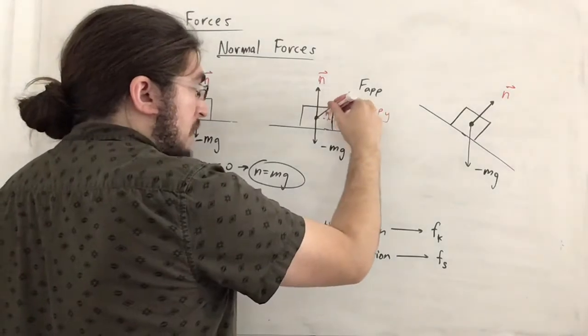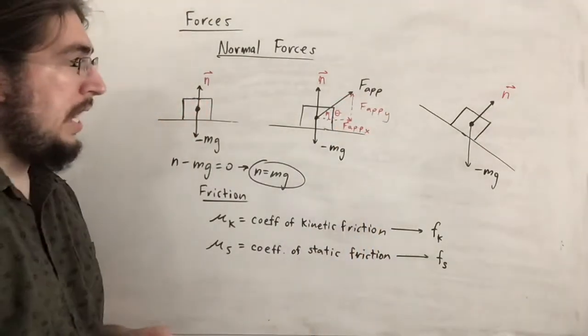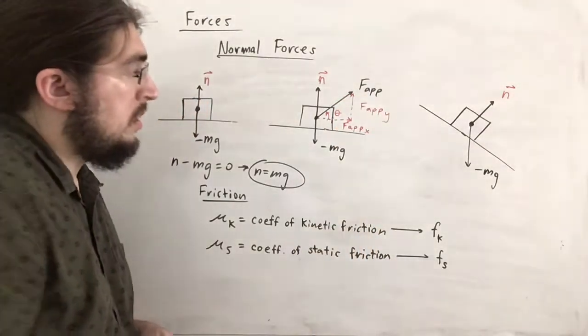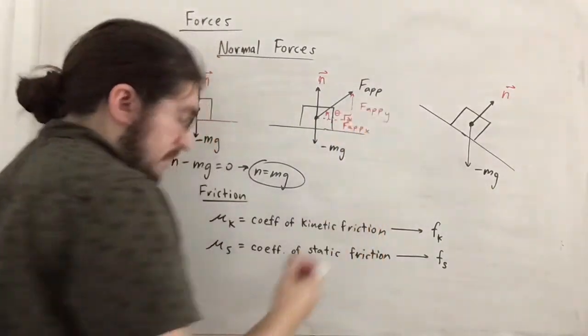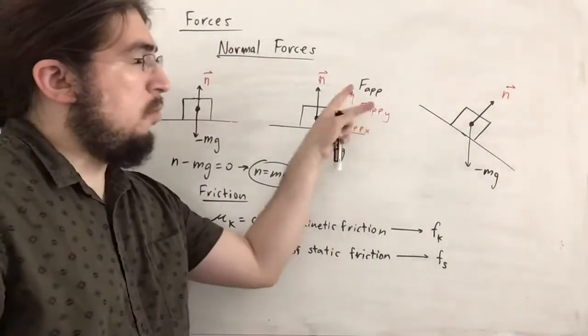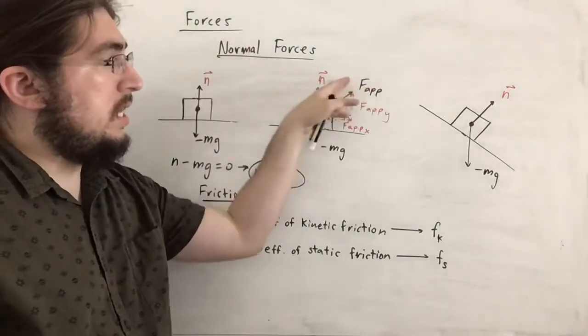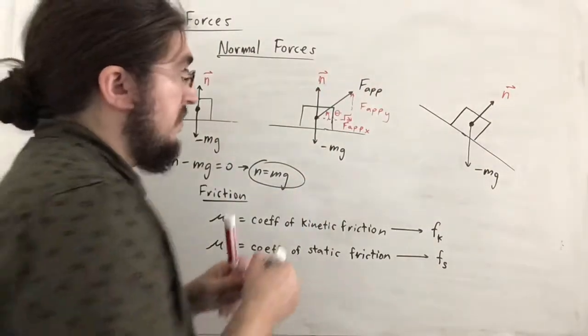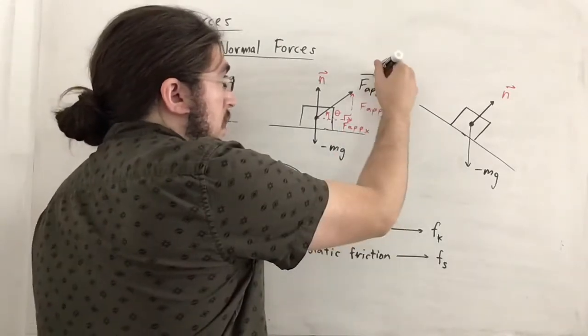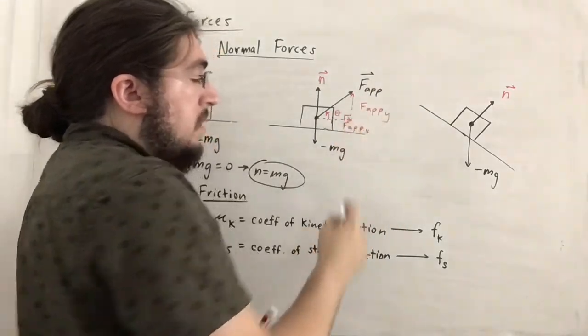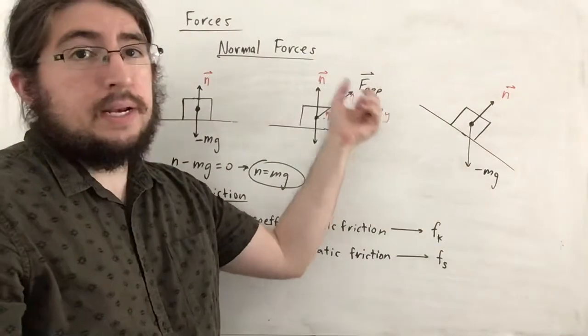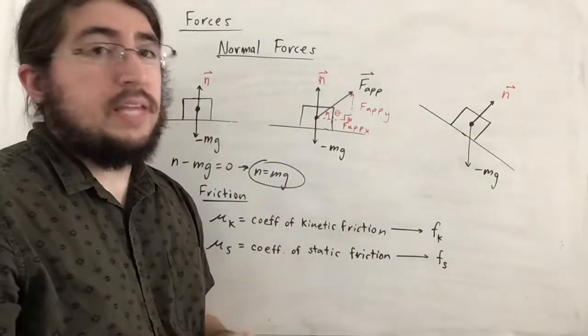And let's call this angle theta. What you'll notice is that the y component of this force, remember this is the vector technically, has a magnitude that is just the magnitude of the force multiplied by sine of the angle.